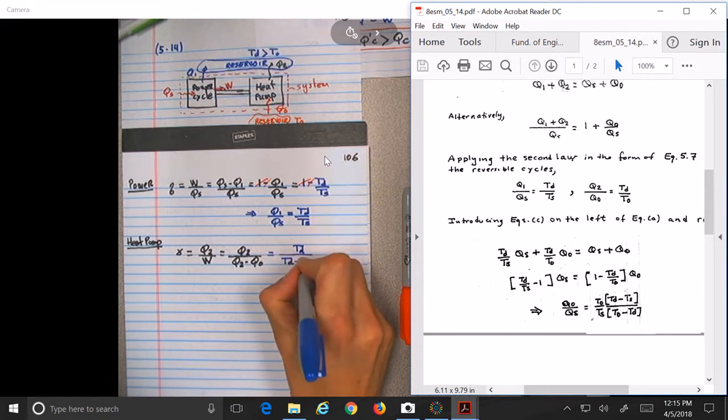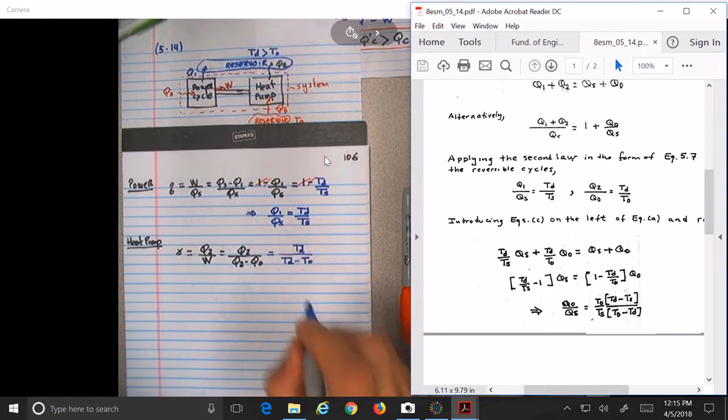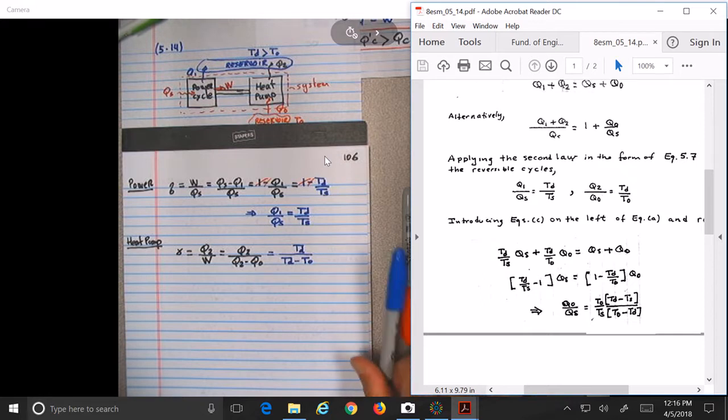So TD minus... okay, so it's not the same as they were doing, so what can we do with this? So we're going to do differently than what they were doing. So what did they do there? Q2 over Q naught.